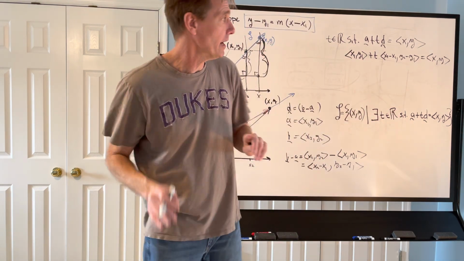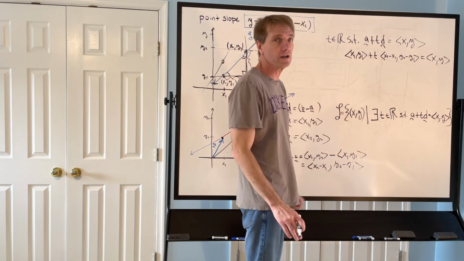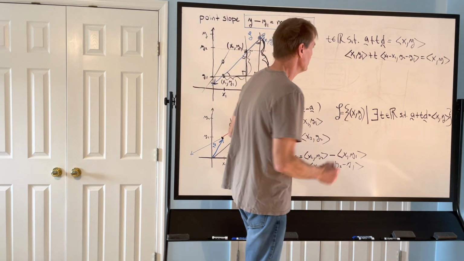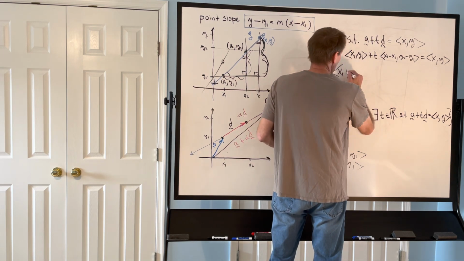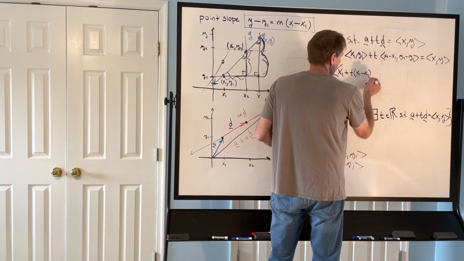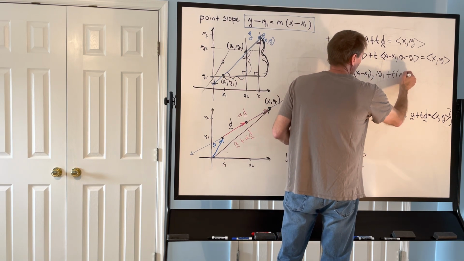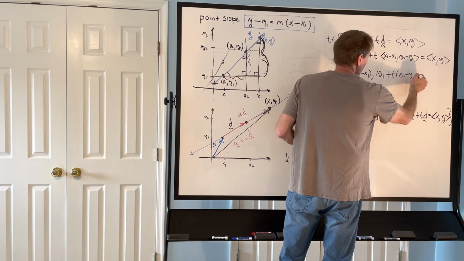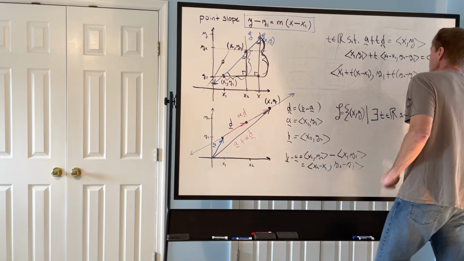So doing some scalar multiplication, t hits each of these, and then I'm just going to do some vector addition. So I'll get x1 plus t times x2 minus x1, y1 plus t times y2 minus y1. That vector has got to be equal to that vector.